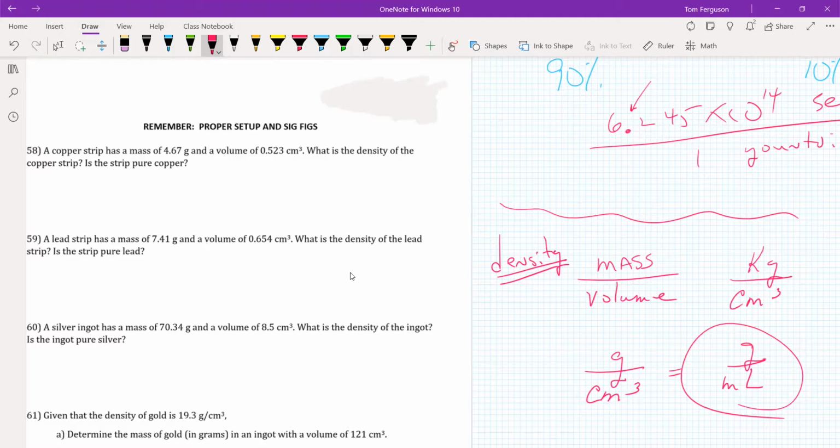Now, the nice thing about knowing the density of something, you can use that as a determination of purity. For example, during the gold rush, they found two things that look like gold. One is real gold and one is not gold. One is called iron pyrite, which is an iron substance, but it looks just like gold.